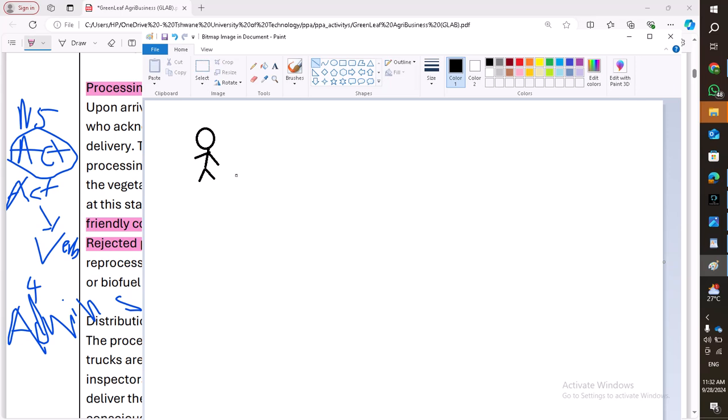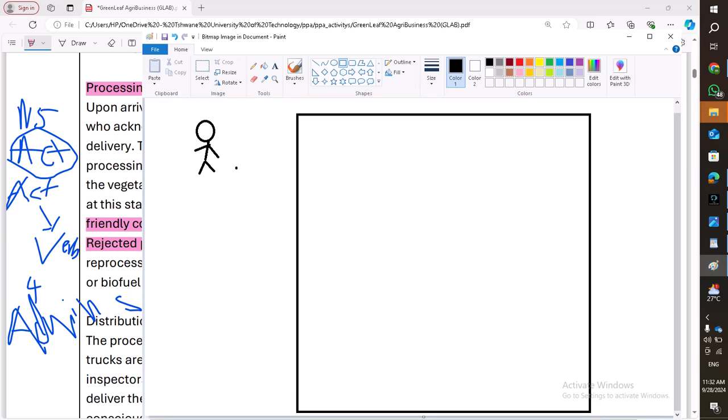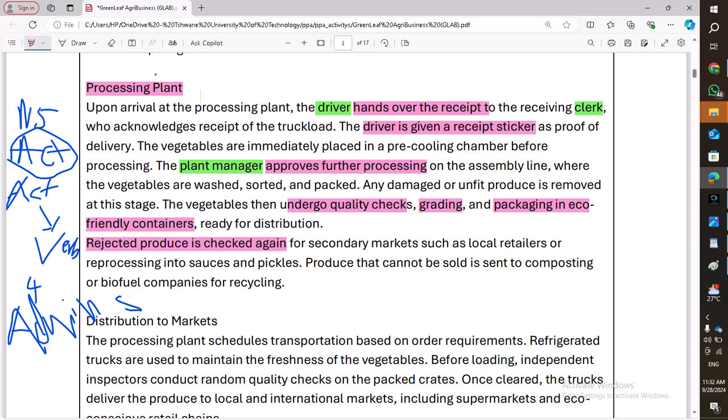Now here I have the system. I'm trying to draw as much as I can. This is the system, and here on the top of the system I will write the name of the system.